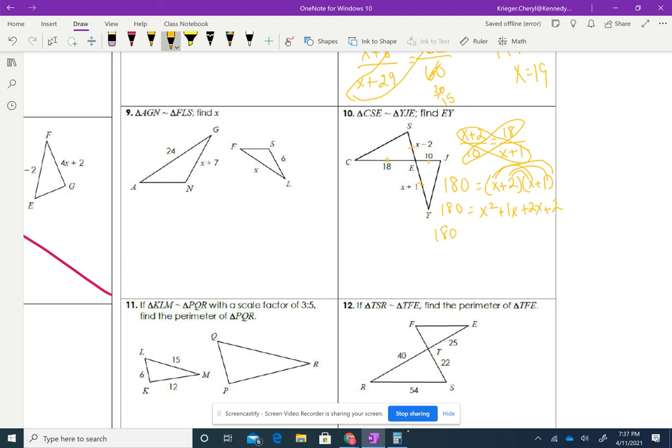And I'll simplify. 180 equals x squared plus 3x plus 2. And we'll subtract 180 on both sides. 0 equals x squared plus 3x minus 178. Oh, and they want me to factor this?